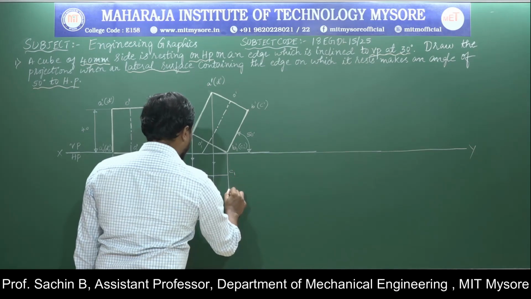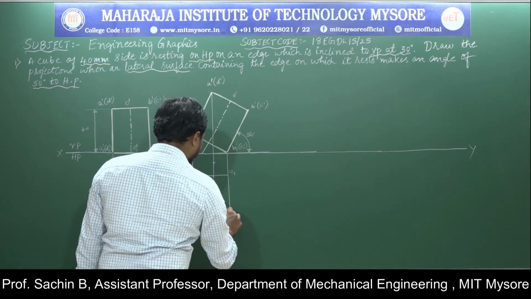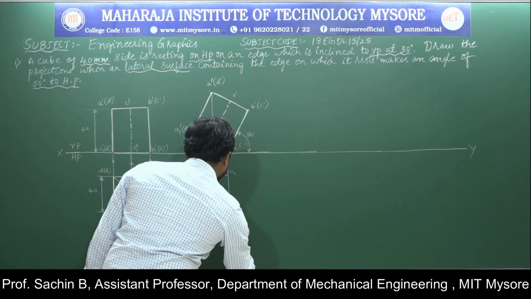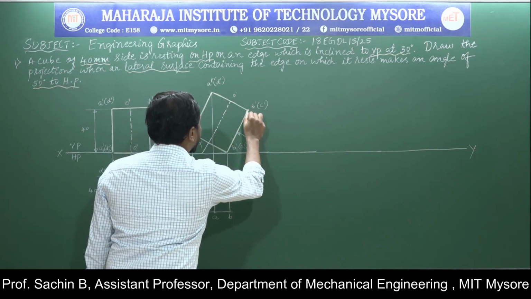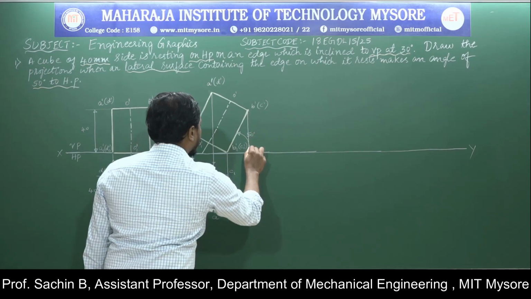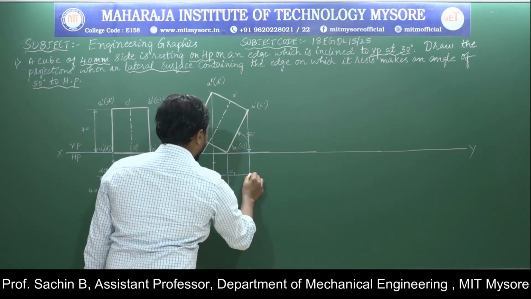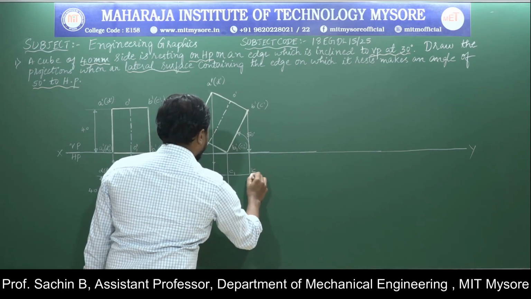Next I will extend this line with a thin line, this is B. Again I will come to the B dash point, I will extend the projection line, this is the C point.